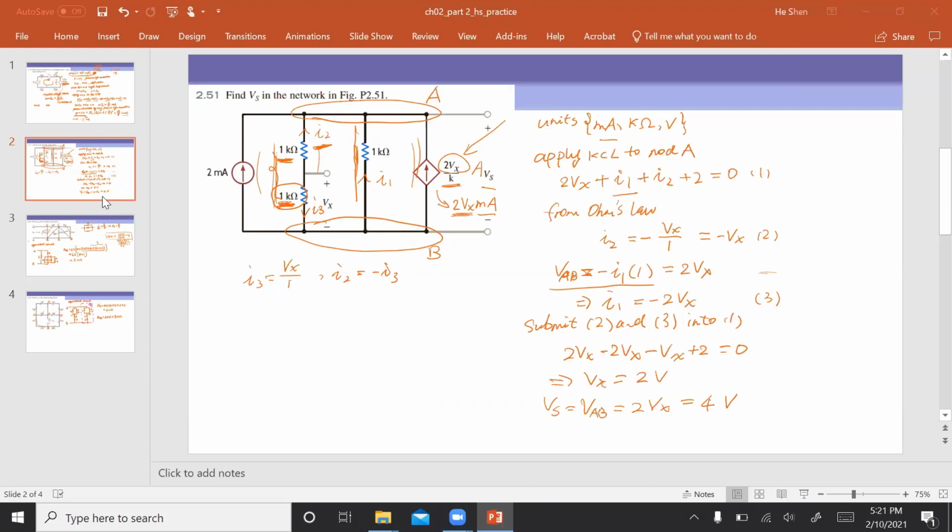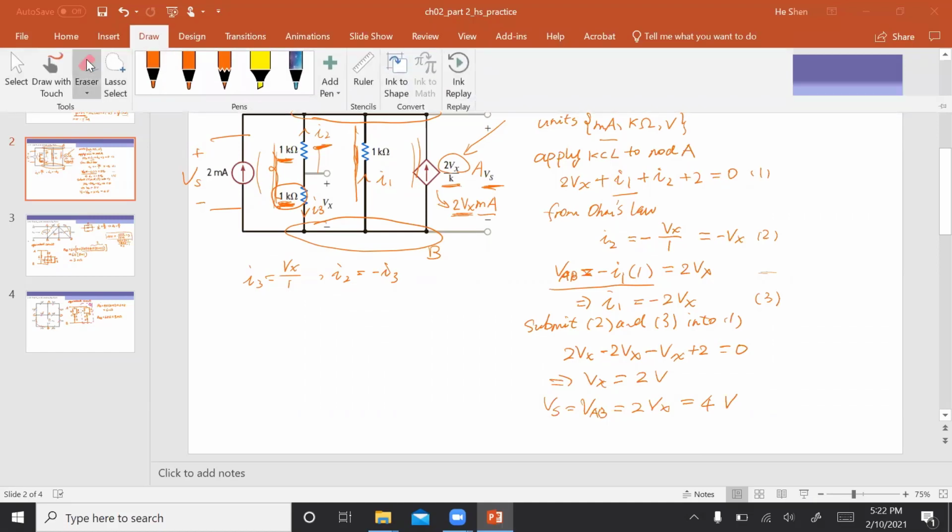If you follow any branch, it will be the same because all the branches are in parallel. For example, if I ask you for the voltage here, you should know this voltage is also equal to Vs. It's the same voltage everywhere between this node pair.